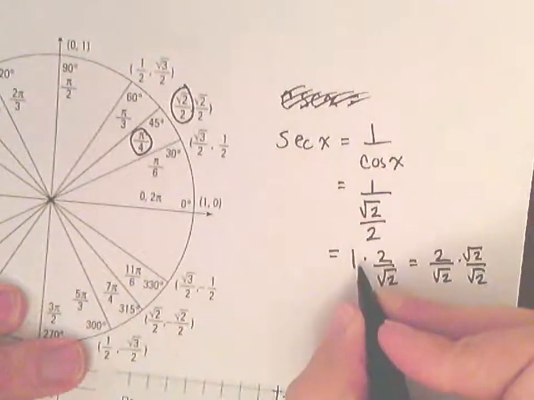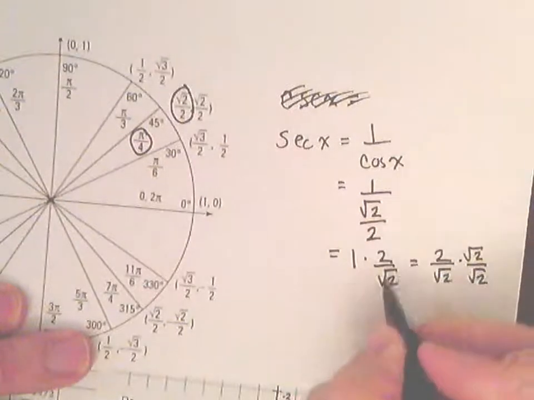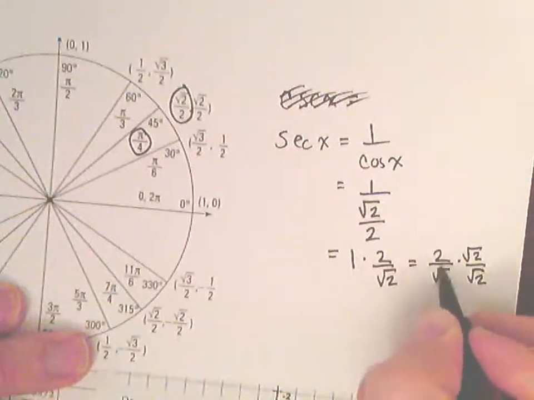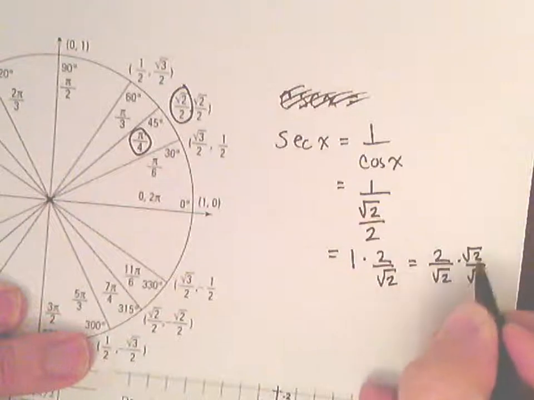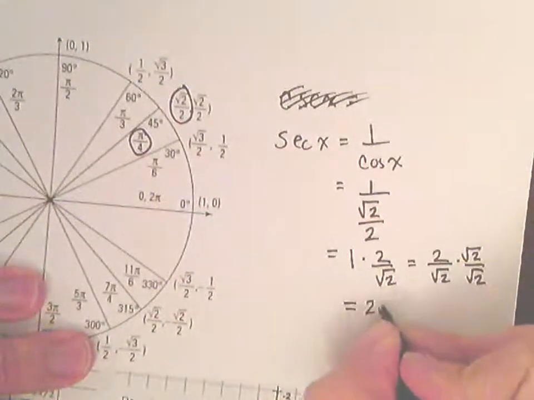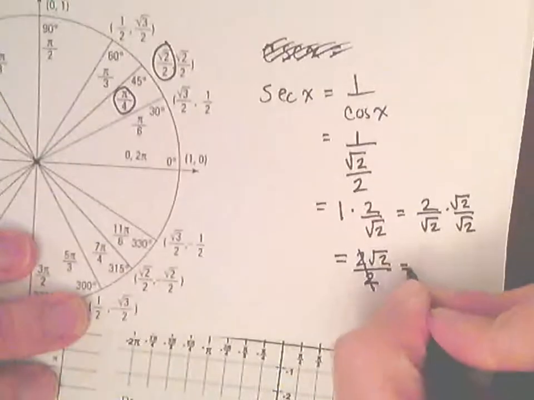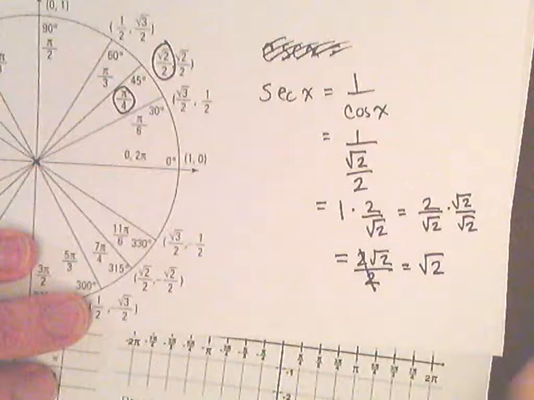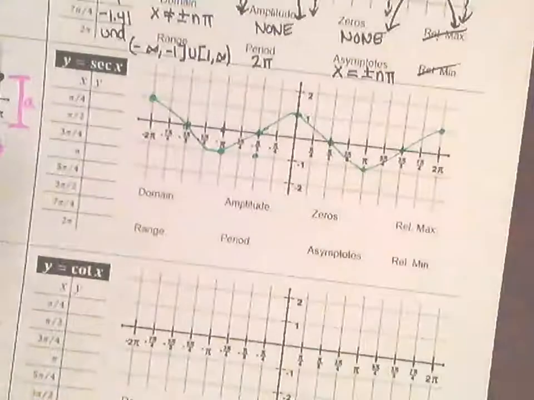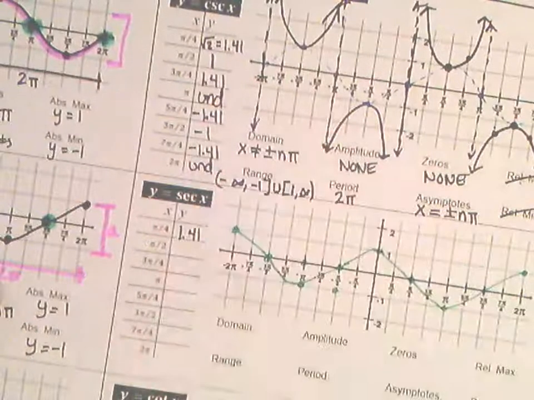And of course, just like with cosecant, you have to multiply by the reciprocal, which gives you 2 over square root of 2. We can't have a radical in the denominator, so we multiply to rationalize the denominator, and we end up with 2 square root of 2 over 2, and then of course the 2's cancel out, so we're left with square root of 2 over square root of 2. And just like before, square root of 2 is rounded to approximately 1.41.